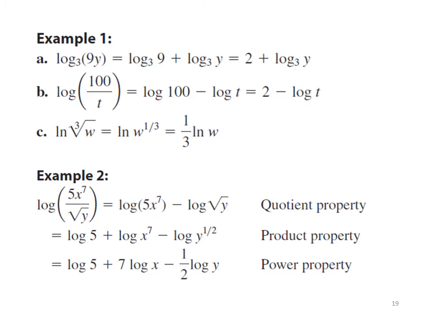Now apply the power property. This can be written as log 5 plus 7 log x minus 1/2 log y. We will see that this property is sometimes used to solve equations. Those properties are quite useful, as we will see, and we will use the log to solve equations.